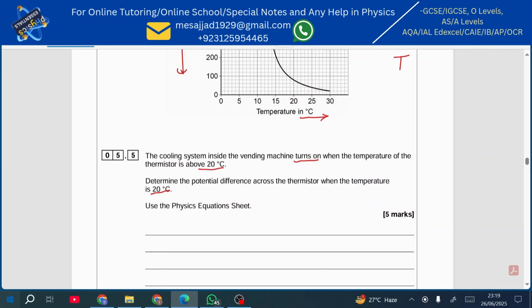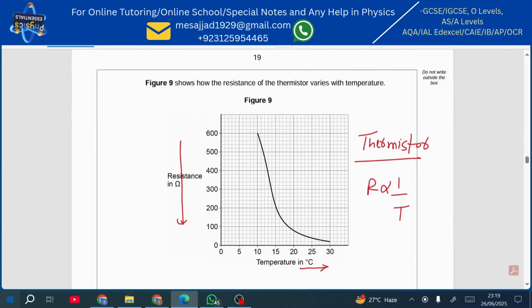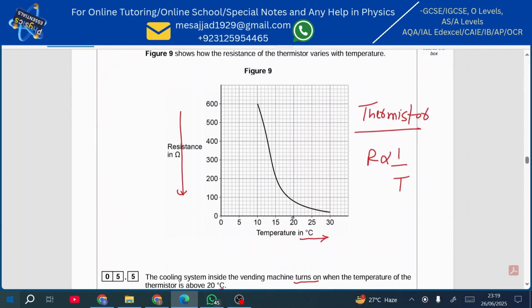Use physics equations. First of all, what is the resistance at 20 degrees Celsius? So here I believe this is 80 degrees centigrade, right?